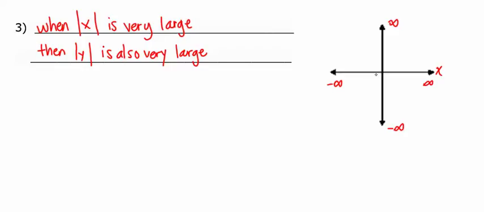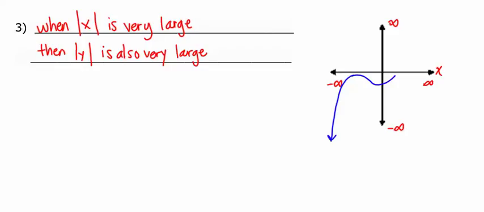So I'll show you. As x gets very, very big negatively, y is also going to be very, very large negatively in this case. Oops. See how that kind of turned back in?